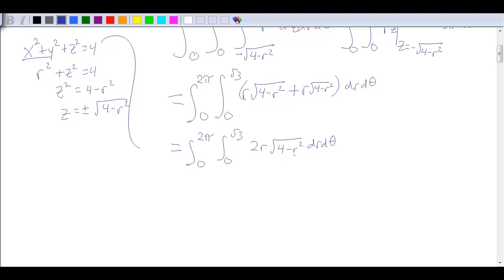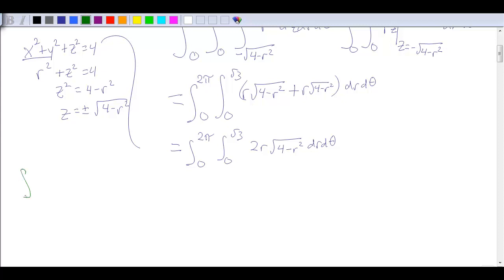I'm going to let u be 4 minus r squared, and then du is going to be negative 2r dr. And I've got the 2r outside already, so that will work out just fine. So I'll go off to the side here and do it in green.